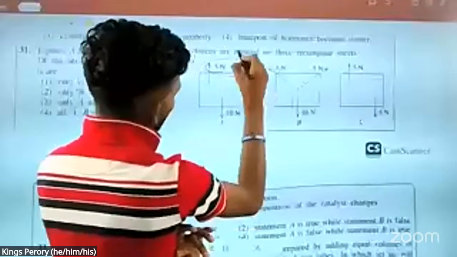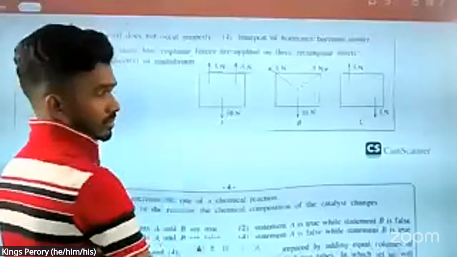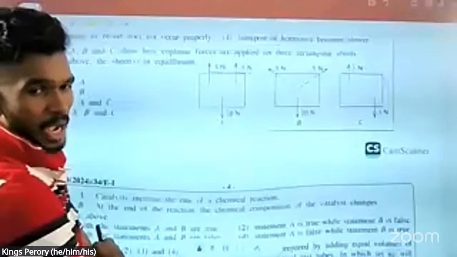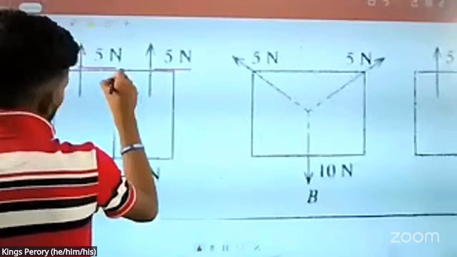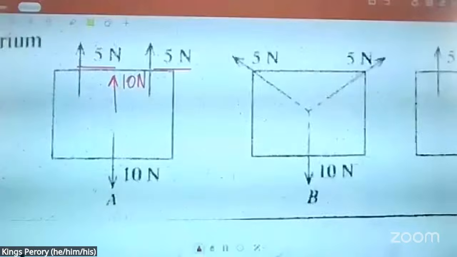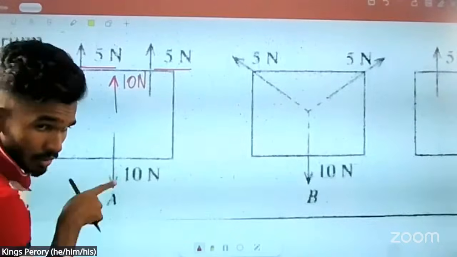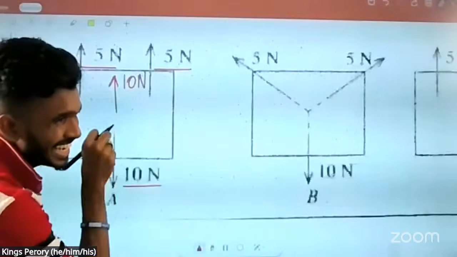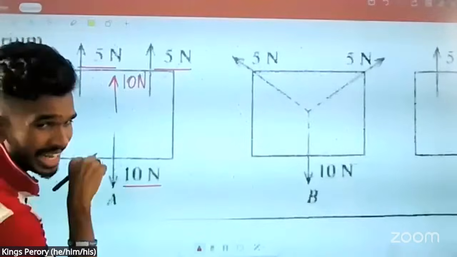What's the total resultant up? The total resultant up is 10 Newton. What's the downward force? Again 10 Newton. Upward 10, downward 10.